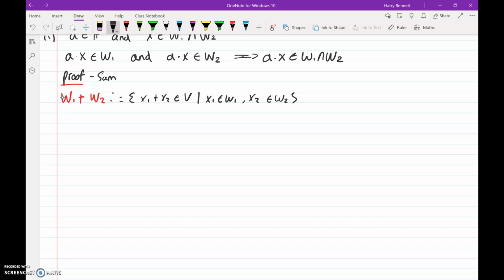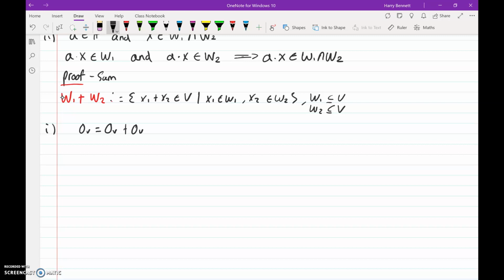Given that W1 is a subset of V and W2 is a subset of V, and they're both vector spaces. Okay, so firstly, we know that the zero vector, which is in V, is equal to the zero vector plus the zero vector, because the zero vector leaves vectors unchanged.